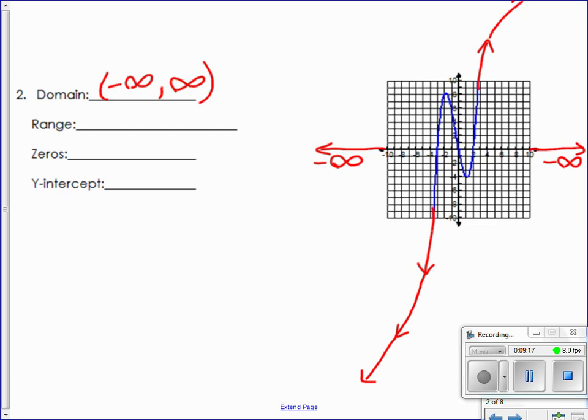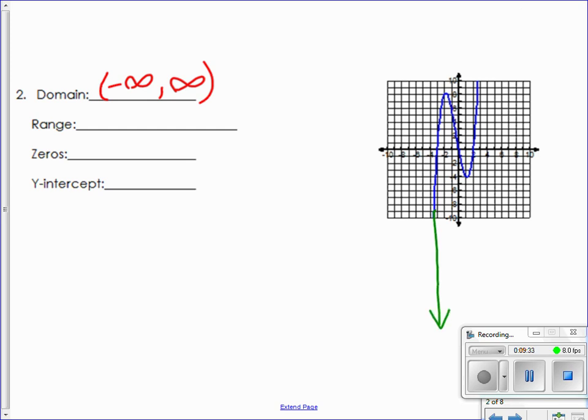All right, now we have to switch modes. We have to start looking at the range. Range is y values every single time. So when we're talking about range, we're talking about what's happening going up and down. We have to say, does this graph have an absolute lowest value? And does this graph have an absolute highest value?